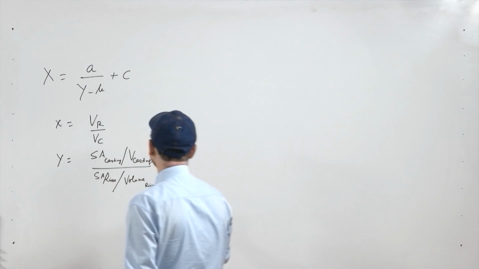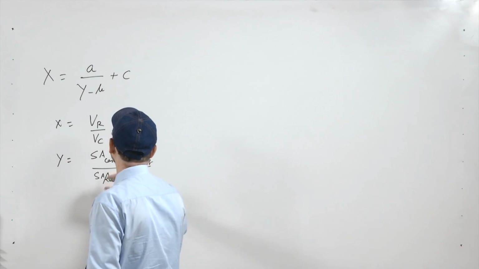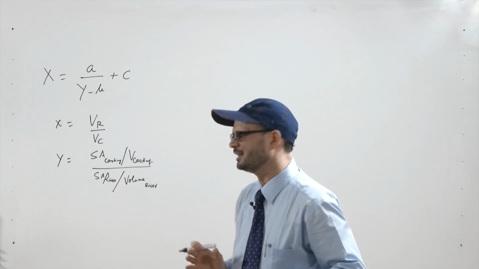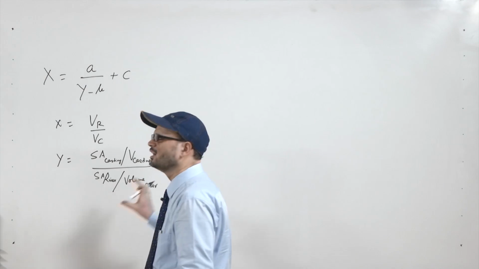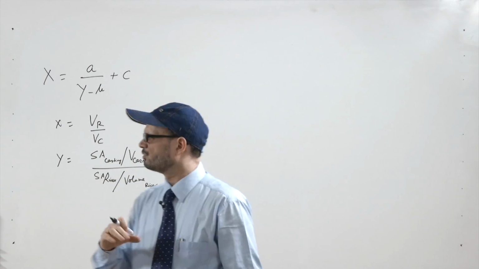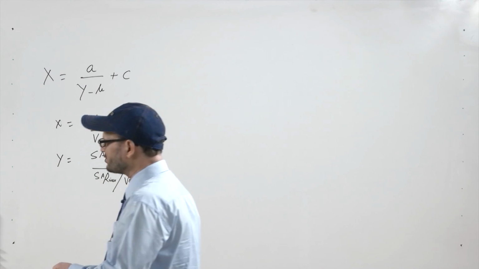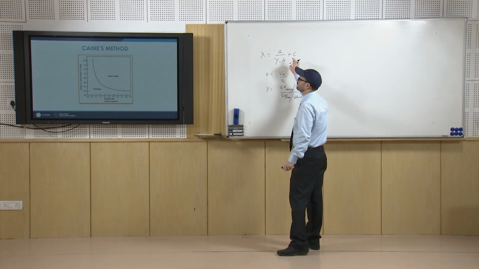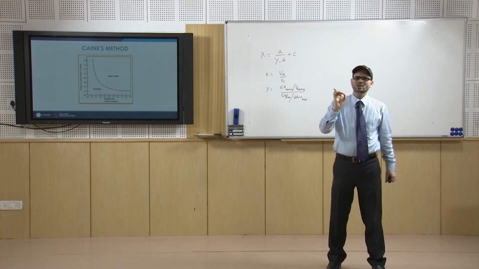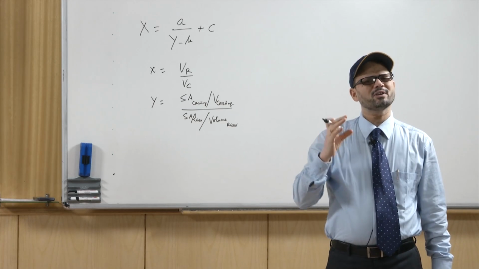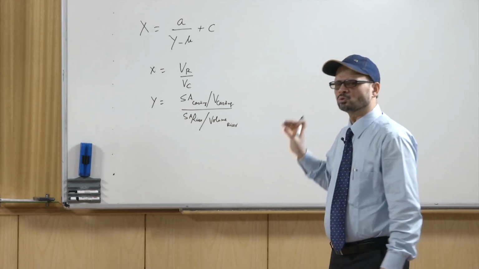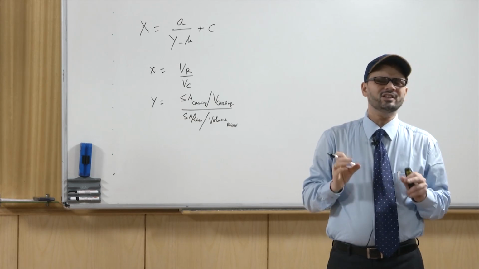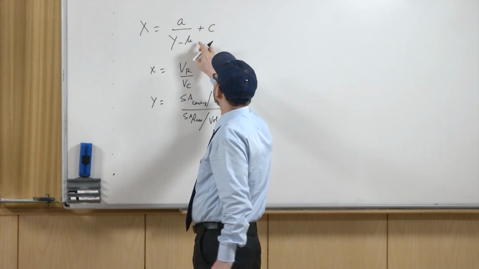Basically you can have it like this: volume of riser by surface area of riser divided by volume of casting upon surface area of casting, and that is basically the relative freezing rate of the riser to that of the casting. And he found that there is a curve which represents this equation. Here A, B and C are constants, and these constants have different values for different materials, which are given in the books, and whenever we calculate for that material we have to use these A, B and C values.